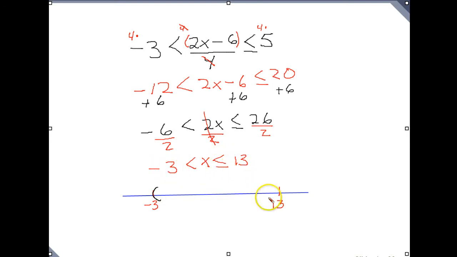But it goes up to a 13. Now a 13 is included. So we're going to use a bracket there, and we just darken in the middle. And putting this into interval notation, we take it right from the graph. Negative 3, comma, 13, bracket.